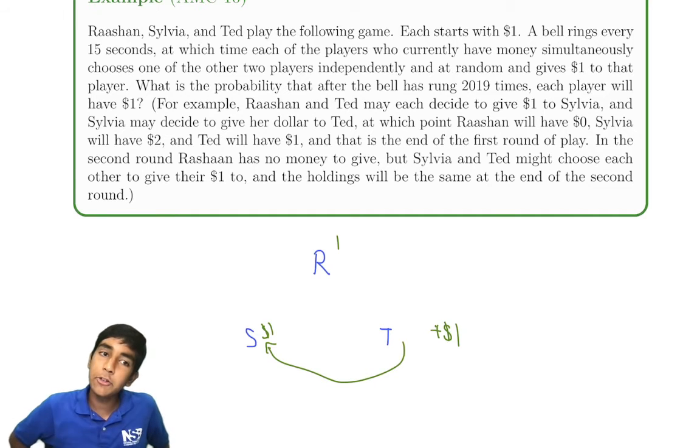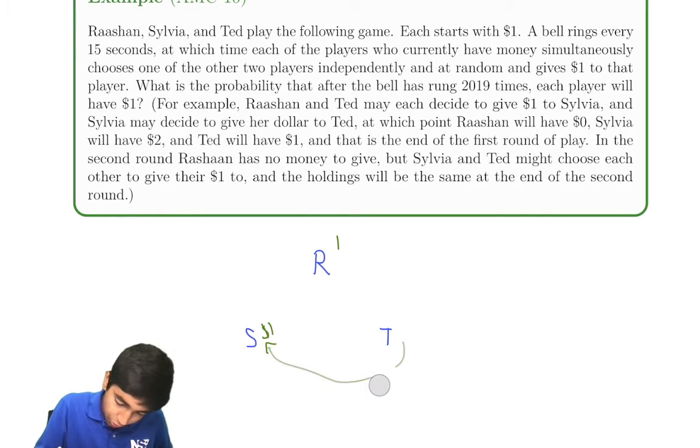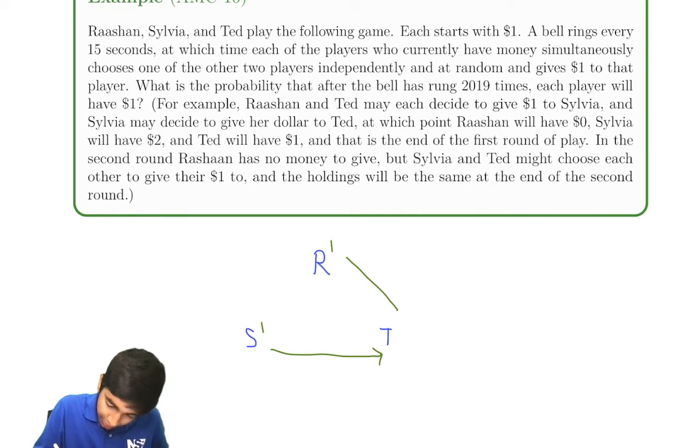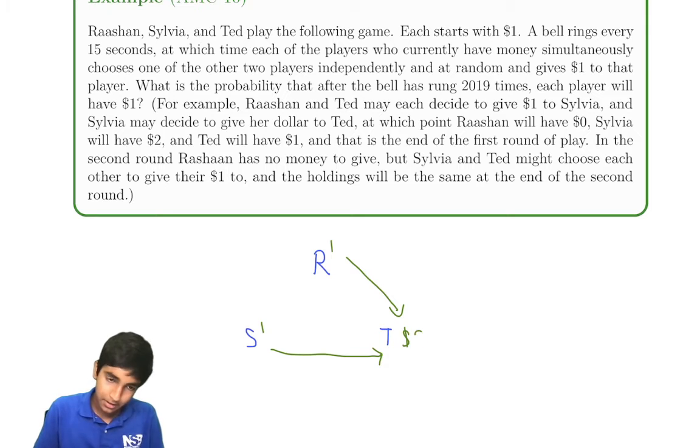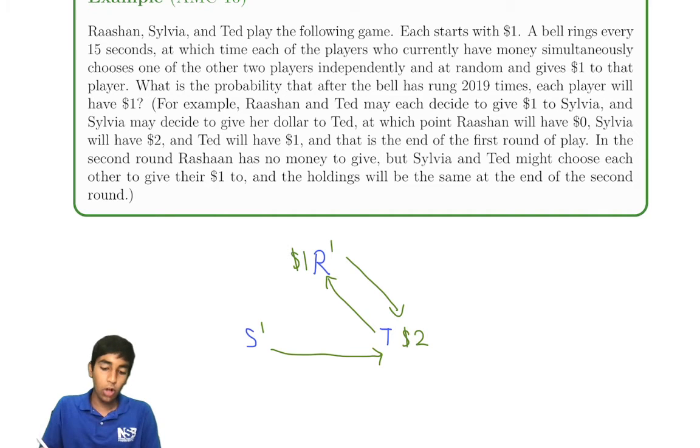But like the problem mentions, it's not always going to stay this way. What if both Rashan and Sylvia give their dollar to Ted? Now Ted is rich, has $2, and maybe Ted gives his dollar to Rashan. So now Rashan has $1, Ted has $2, Sylvia has 0.